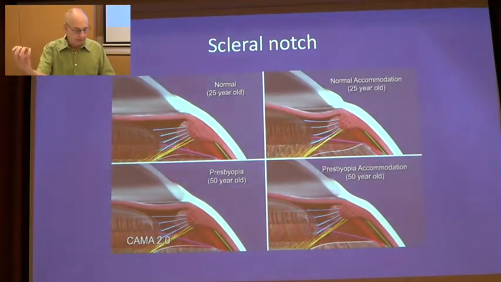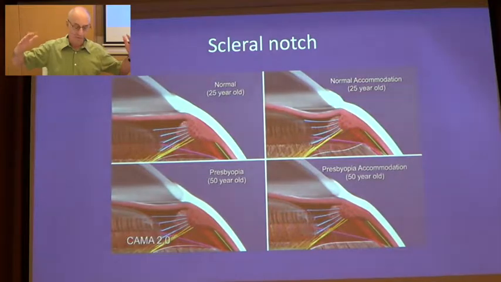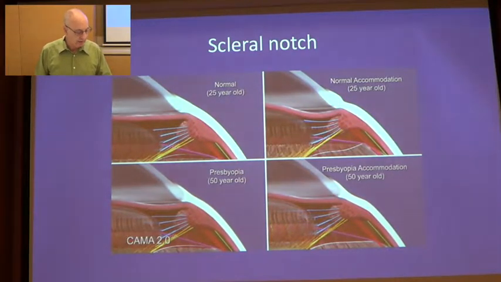The sclera actually has a little notch that shows up medially, and as we get older, it tends to sag, and there's a kind of a depressed area medially where the sclera is coming in, and this may actually explain in part why the circumlental space is narrowing with age, because the scleral shell is actually changing shape.